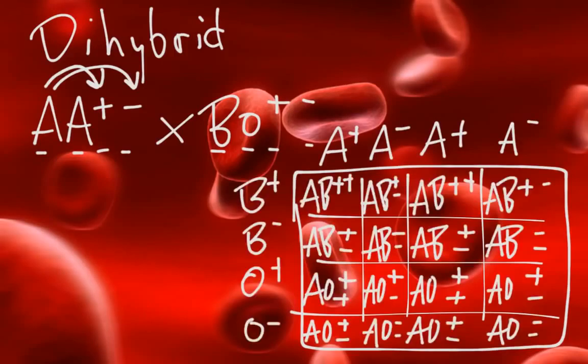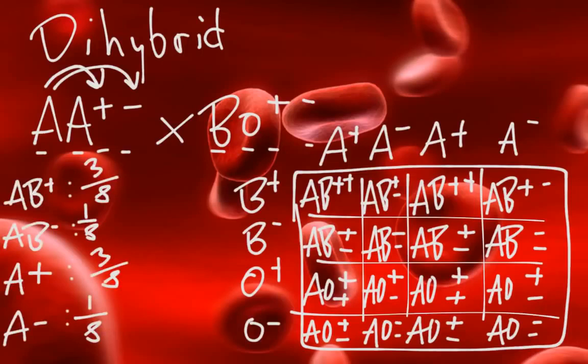And when you're finished, it will look like this, and you can actually figure out your phenotypic ratios that way. And when you're done, your phenotypic ratios will be about 3/8 or 6 out of 16 are going to be AB positive, 1/8 is going to be AB negative, 3/8 is going to be A positive, and 1/8 is going to be A negative. So those would be your expected outcomes.